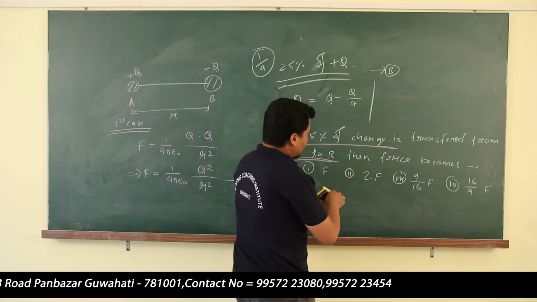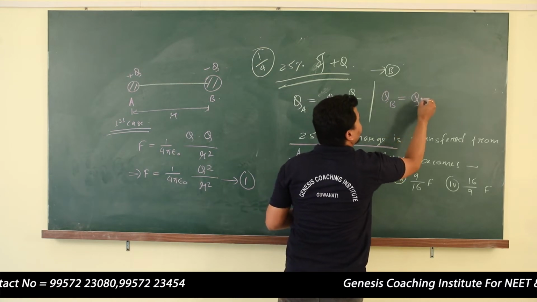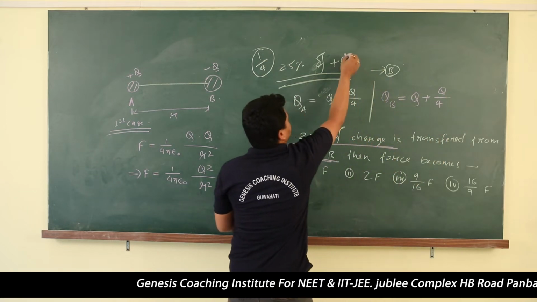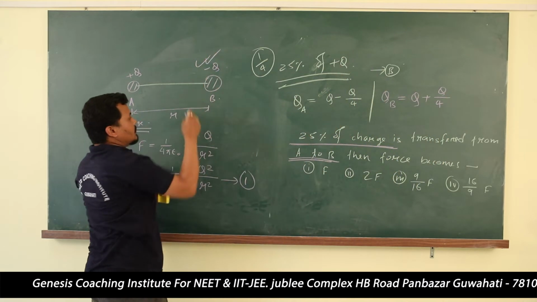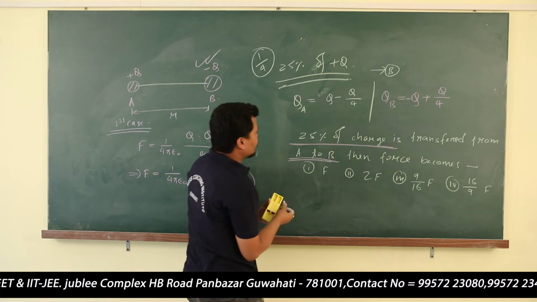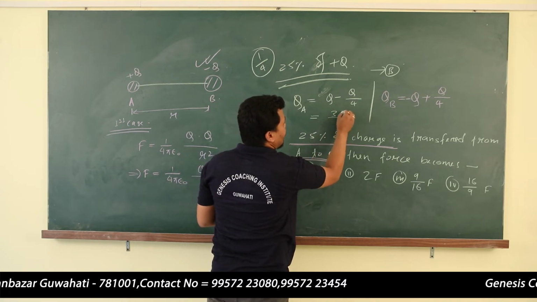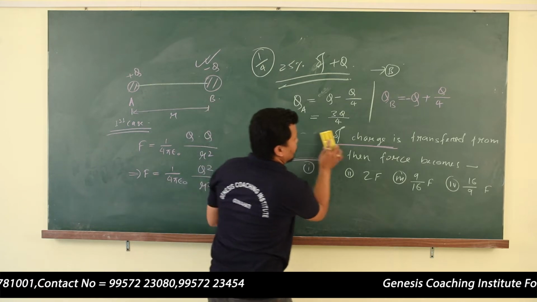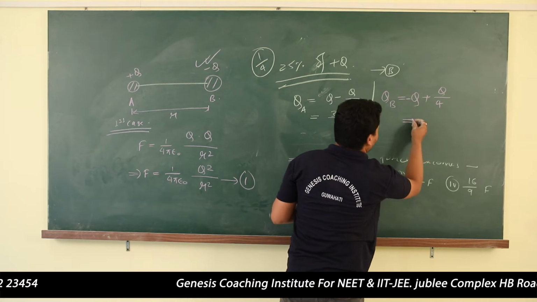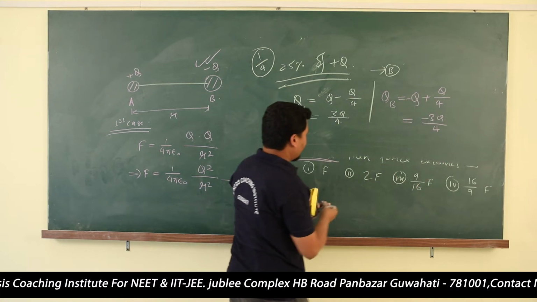And the other charge at B equals Q by 4 plus the original charge at B, which is minus Q. So the new charge of A equals 3Q by 4, and the new charge of B is minus 3Q by 4.